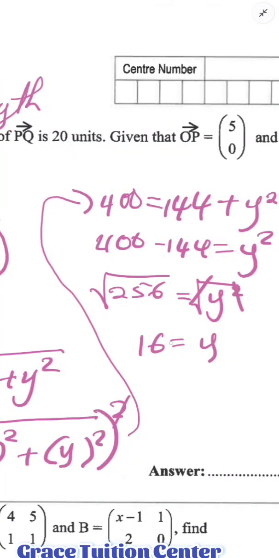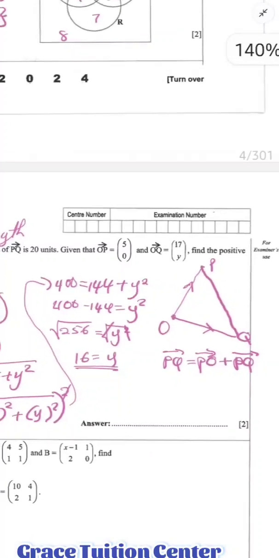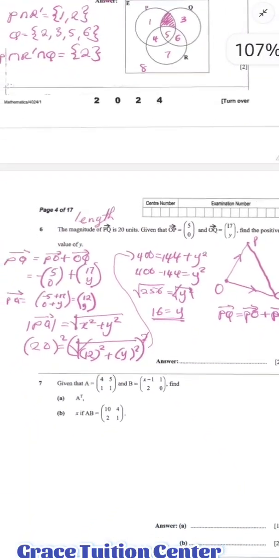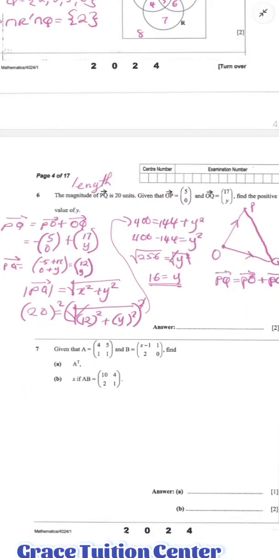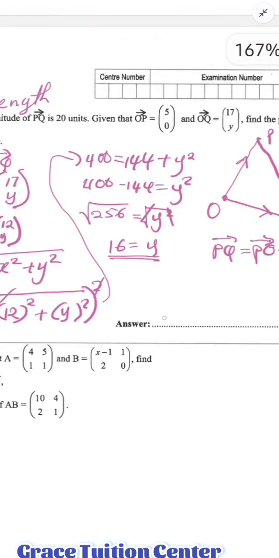So the square root of 256 is 16, meaning that the value of y that we are looking for is 16. So let's just zoom that out so that you can see everything in one place. We can go ahead and write on the answer part there, y equals 16.